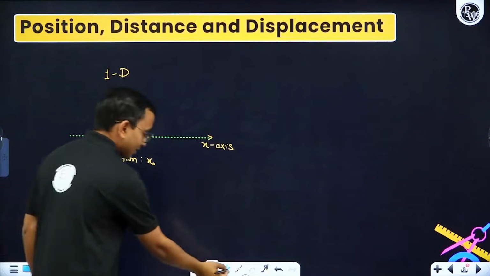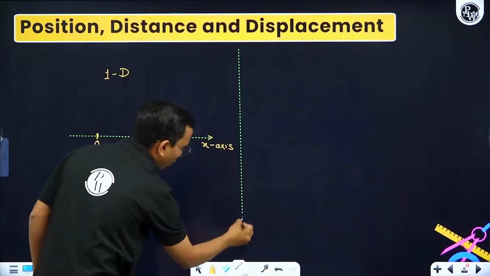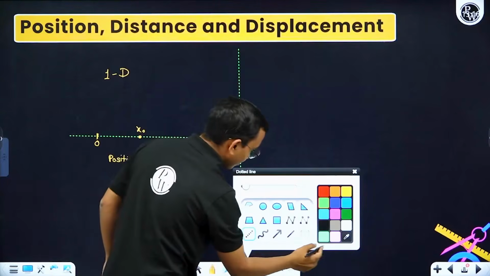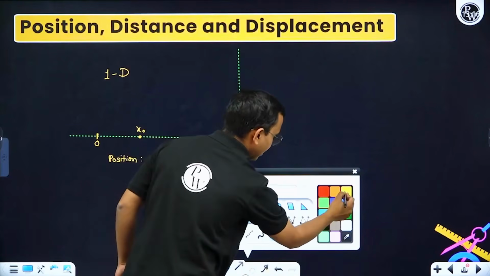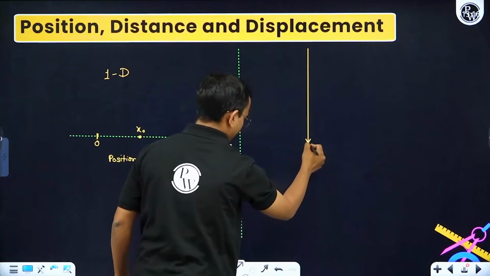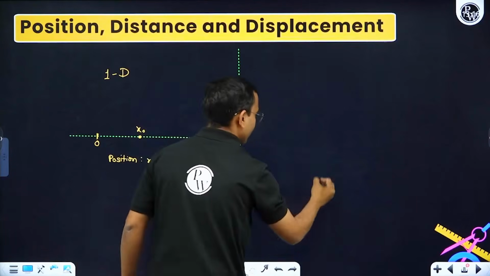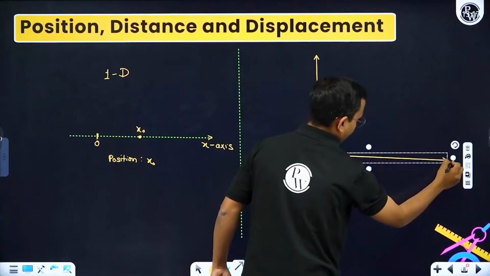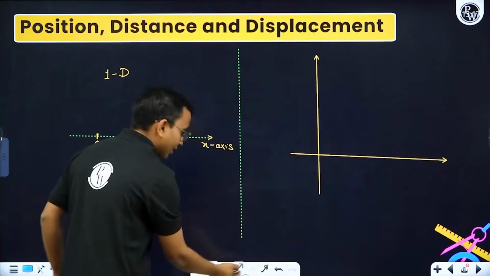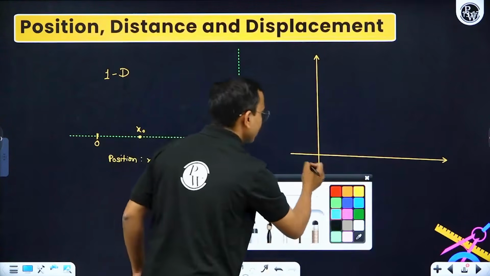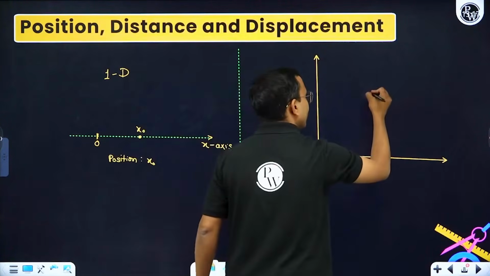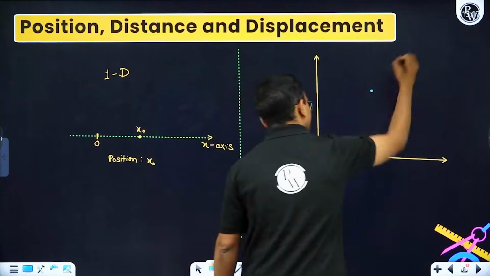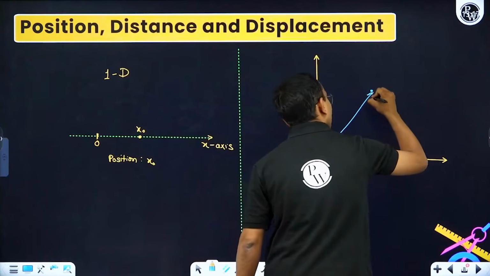And the same thing if I write for 2D, let me take the x-axis and y-axis, and the particle is moving in this plane. Let us take the particle is somewhere here at some instant, and this becomes my position vector.